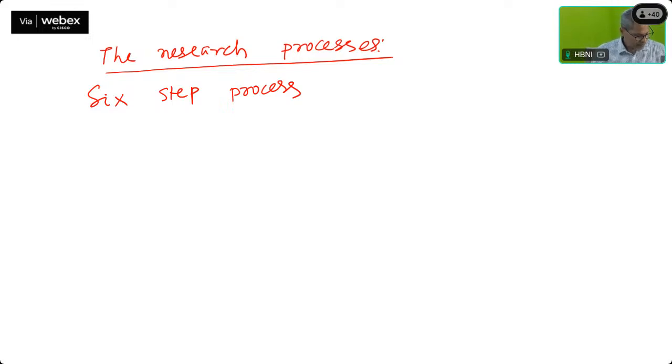You may be doing qualitative or quantitative or descriptive research. In any form of research, we have to follow the six steps that we are going to discuss.